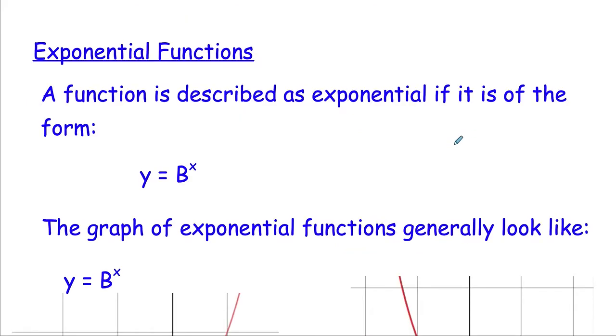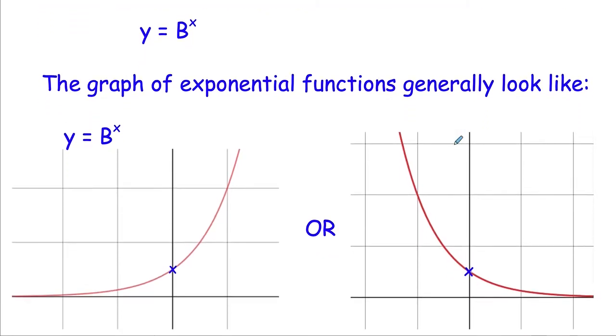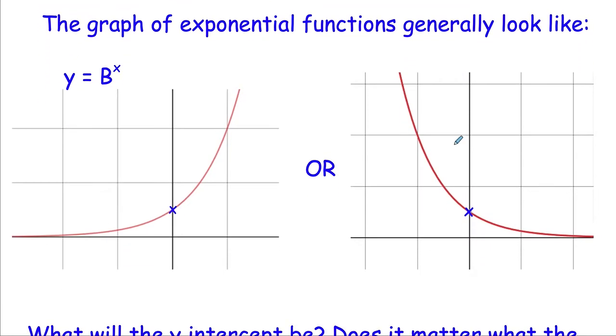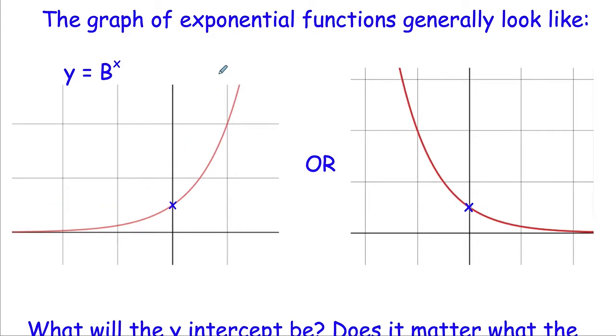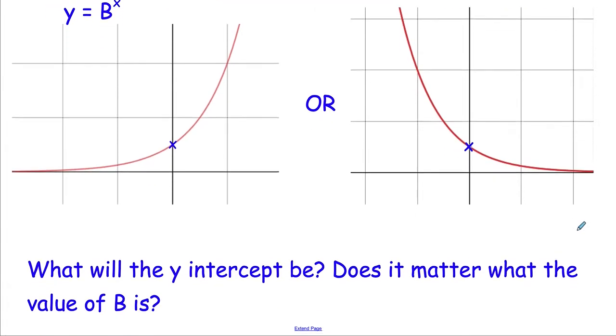So we've just talked about the exponential growth and decay. This we've just said is when b is greater than 1, and this is when b is less than 1. I've just put a little cross, and they would intercept. If I drew these on the same graph, they would intercept each other at this cross. This would be the same value on each graph.